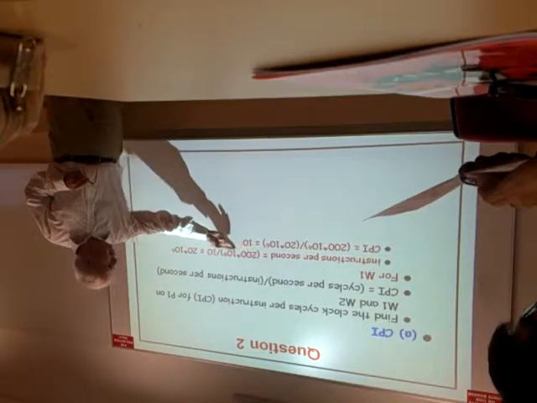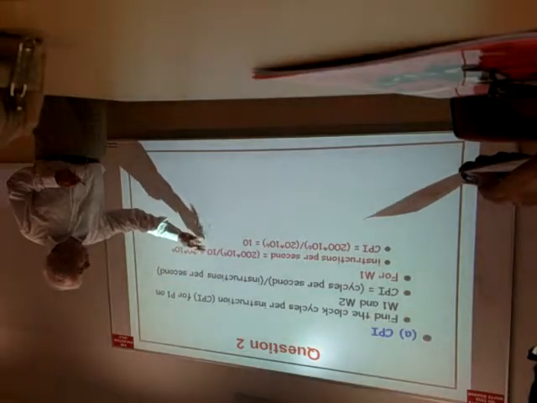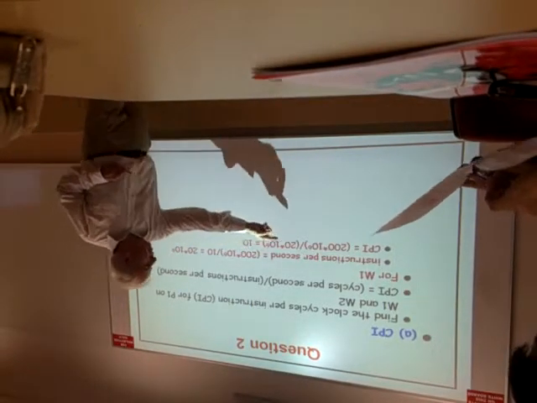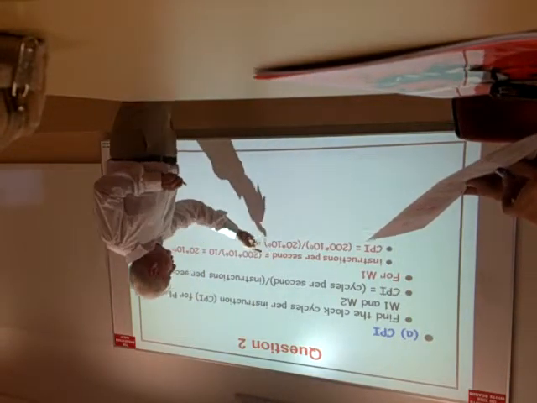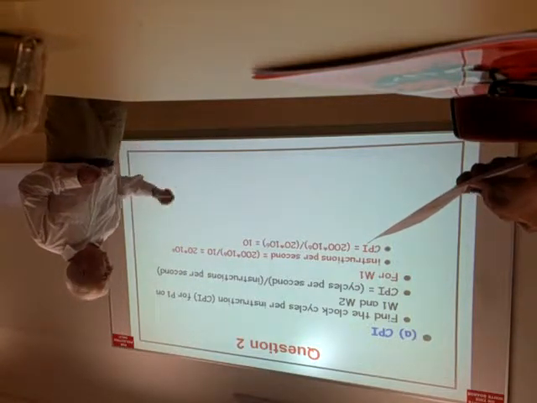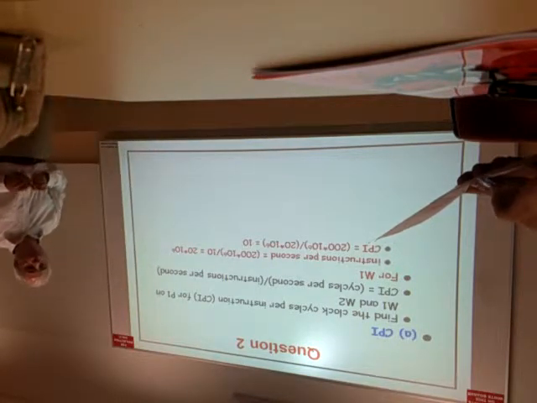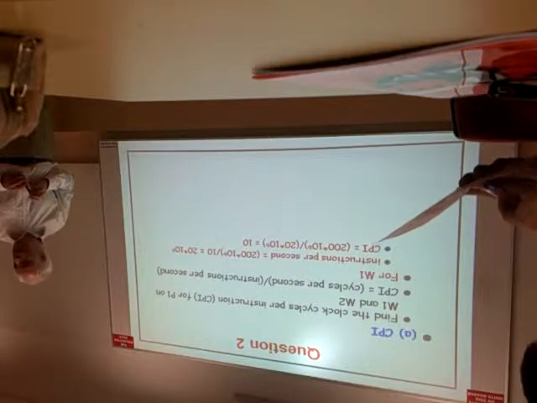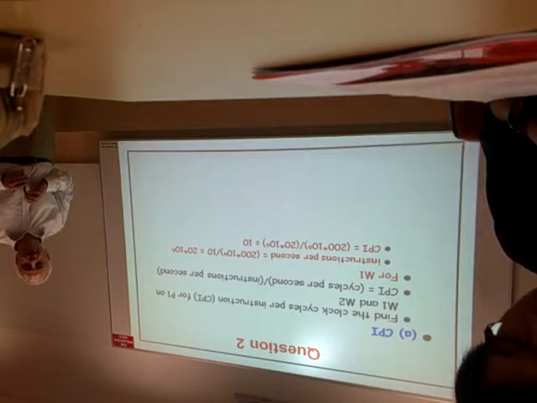So the cycles per second is 200 times 10 to the 6. The instructions per second is 200 times 10 to the 6 divided by 10, which is 20 times 10 to the 6. So the CPI is 10.